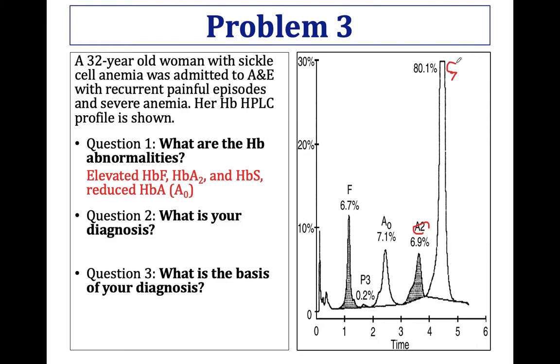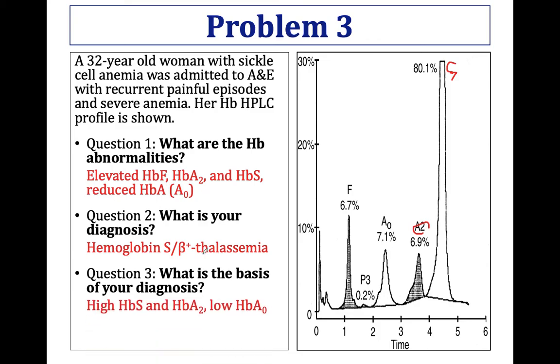What is your diagnosis if you have a high S, a high A2, and a very low A0? It is beta thalassemia. What is the basis for your diagnosis? Hemoglobin S is high, hemoglobin A2 is high, and hemoglobin A0 is low.